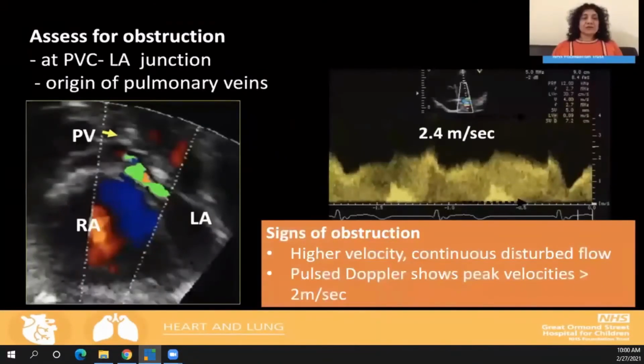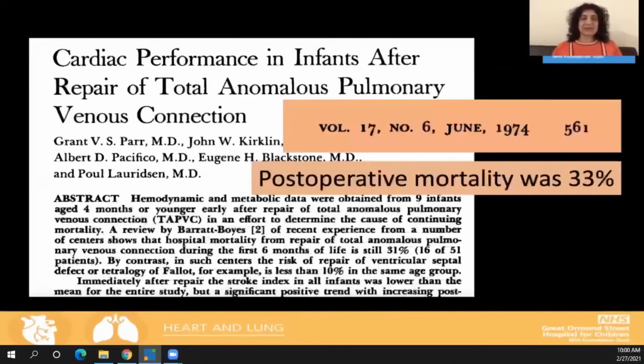Look for obstruction at the pulmonary venous confluence and the left atrial junction and at the origin of the pulmonary veins. Signs of obstruction include a higher velocity, continuous disturbed flow, and a pulse Doppler signal showing peak velocities of more than 2 meters per second.